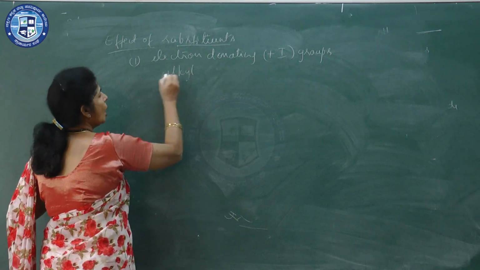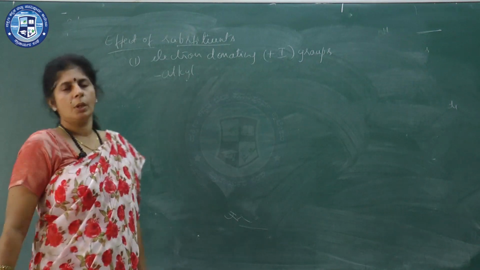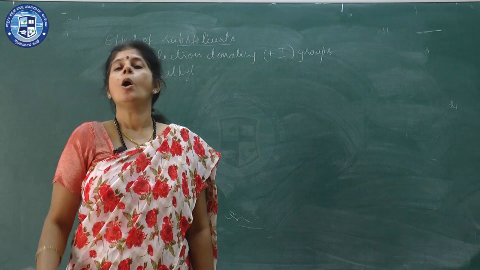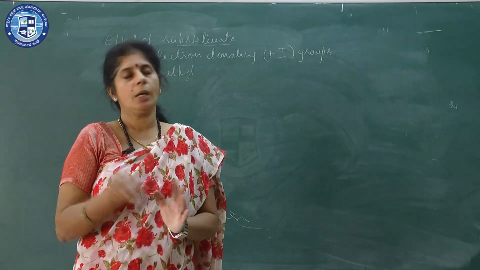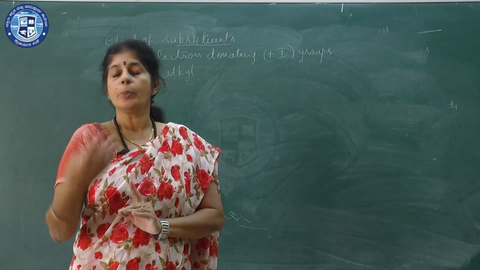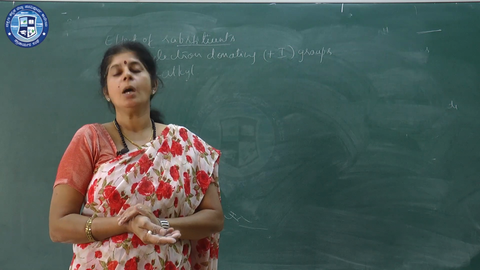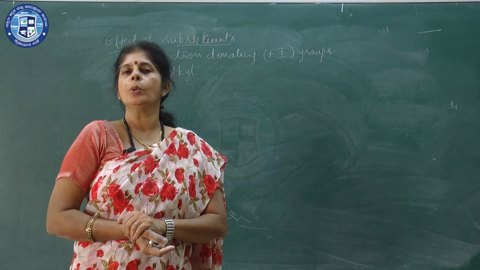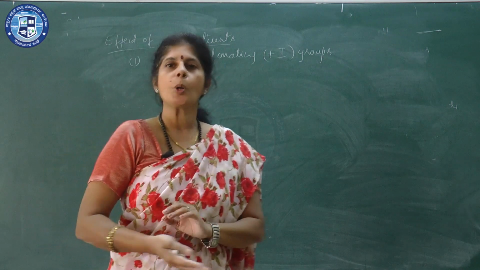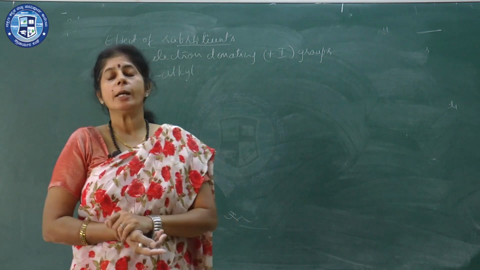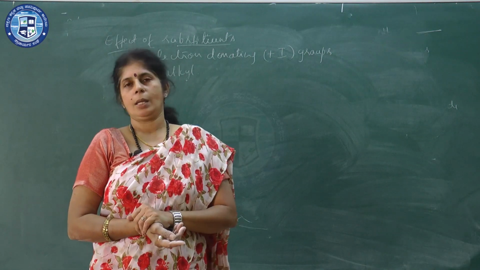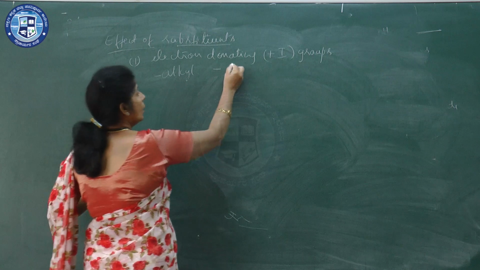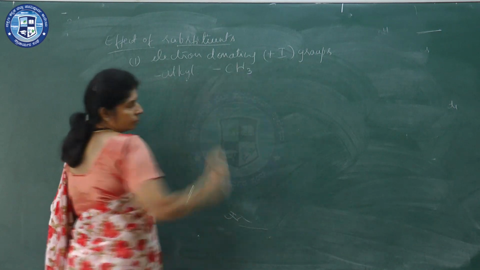Remember this point, only alkyl groups are electron donating groups or plus I groups. It can be methyl, ethyl, propyl or butyl, etc. As the number of carbon atoms in the group increases, the electron donating property, or its plus I character, increases. That means CH3 is an electron donating group.